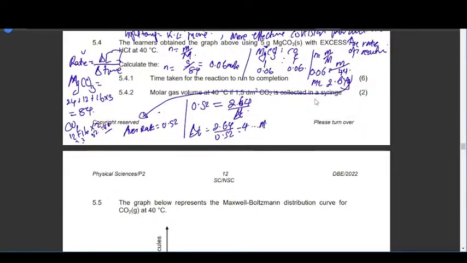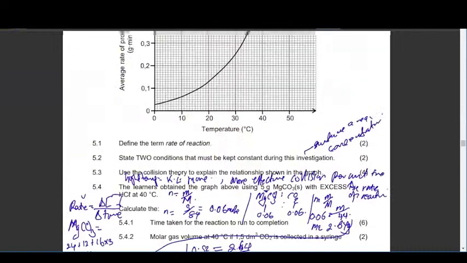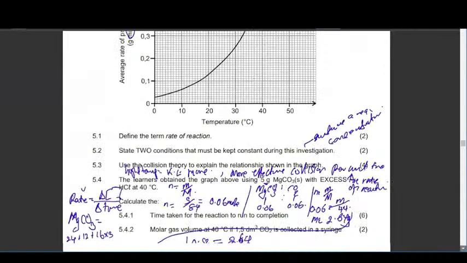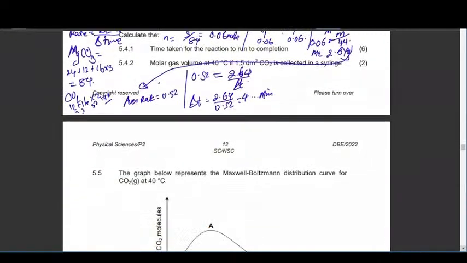But this is minutes, because this time they said they are measuring this in minutes, grams per minute. So the answer must be in minutes. So that's the actual answer. 4.8.